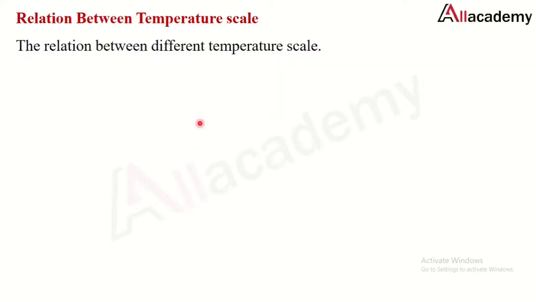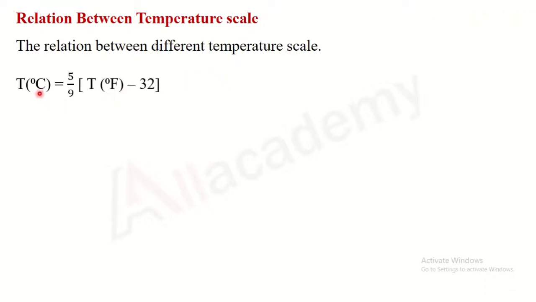Now let us look at the relationship between the different temperature scales. I have considered degrees Celsius on one side and correlated it with the Fahrenheit scale. To convert Fahrenheit into degrees Celsius, the equation is 5 divided by 9 into TF minus 32.